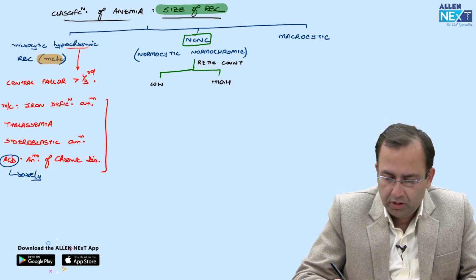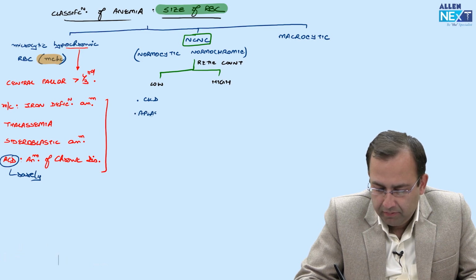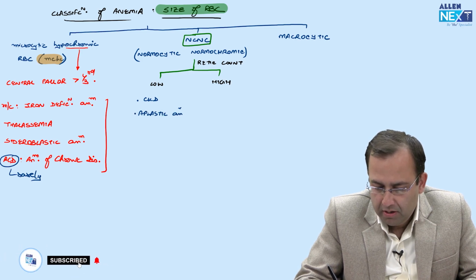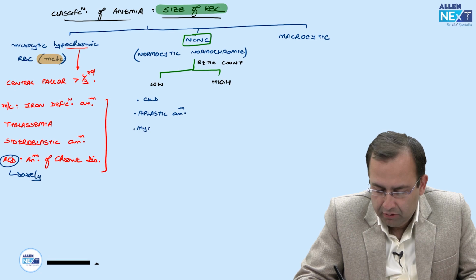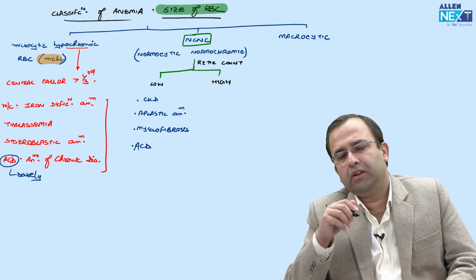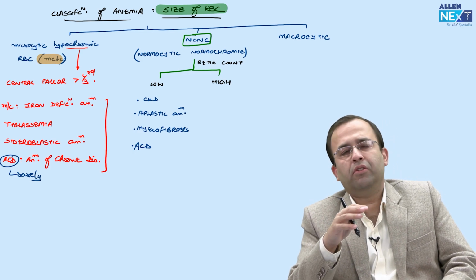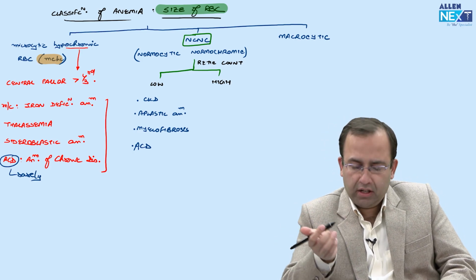Low retic count is seen in chronic kidney disease, aplastic anemia, myelofibrosis, ACD, anemia of chronic disease. All of these are normocytic normochromic. ACD rarely can cause MCHC also, but most commonly it is normocytic normochromic.